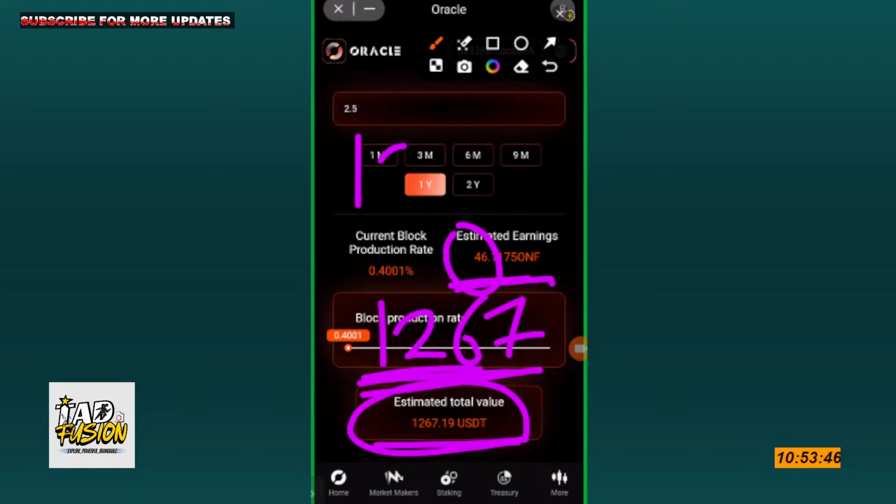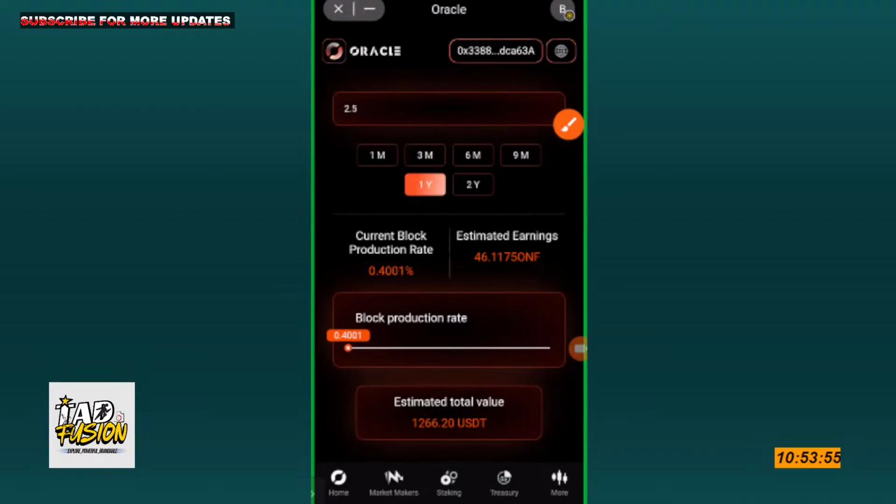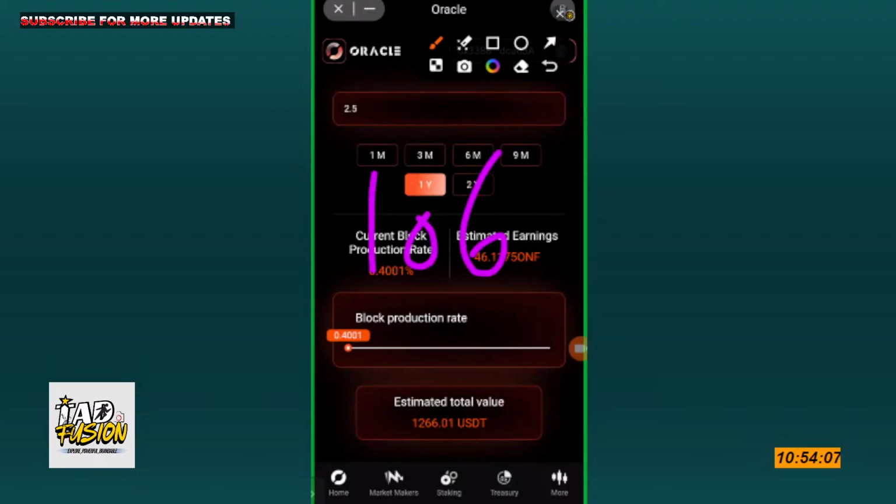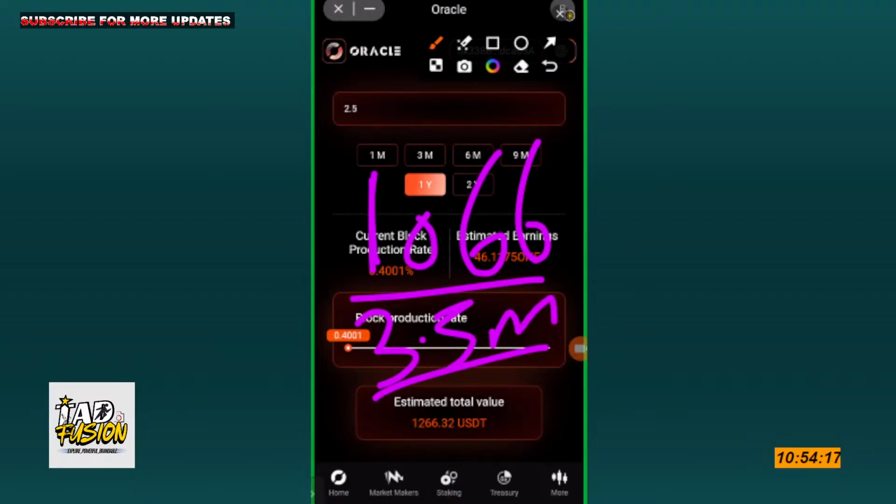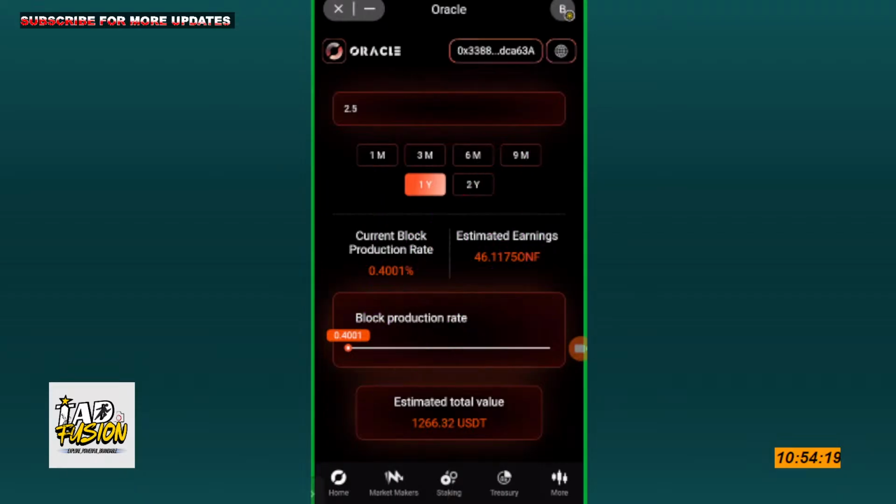That is 1,266 minus 200, and you remain with $1,066. That is about 3.5 million Ugandan shillings.